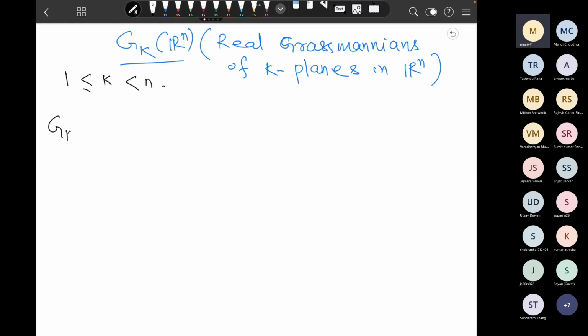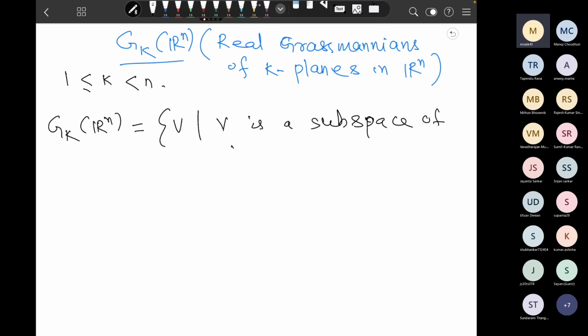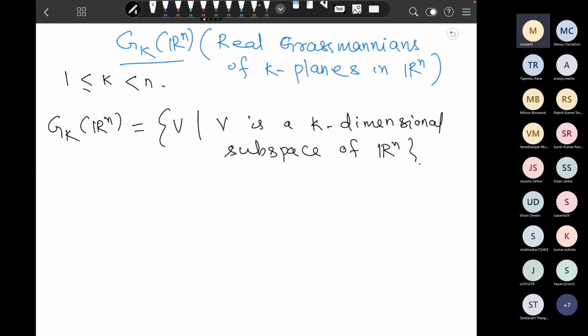By definition, G(k, R^n) is the set of all V, where V is a k-dimensional subspace of R^n. So this is the thing.